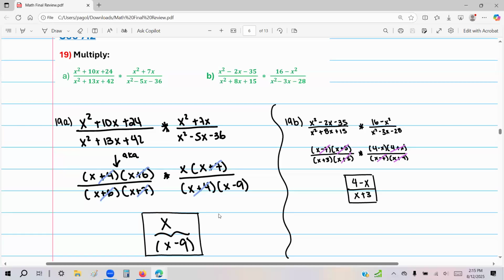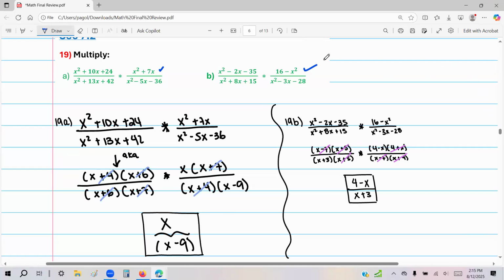The next one is similar. The only difference is now we have a difference of perfect squares here. On the left side, we have GCF. On the right side, we have difference of perfect squares. When you have difference of perfect squares, the factors are the two conjugate pairs. But whatever comes first, you have to write that first.